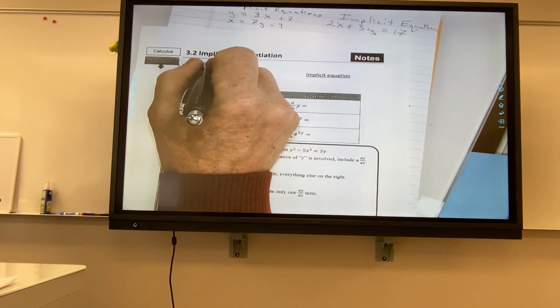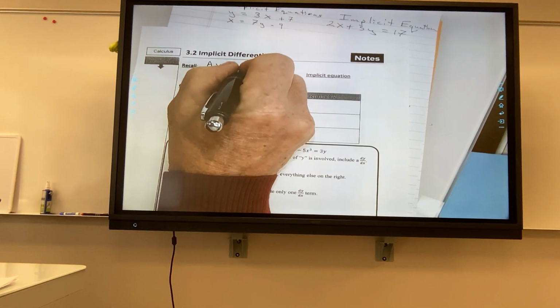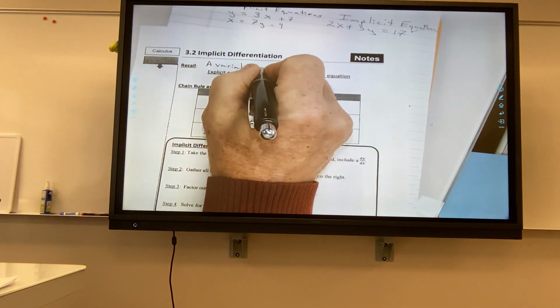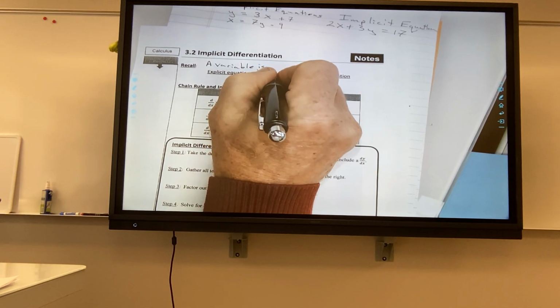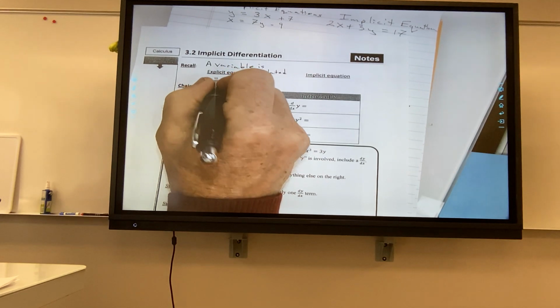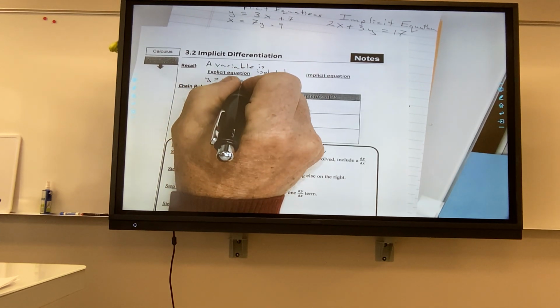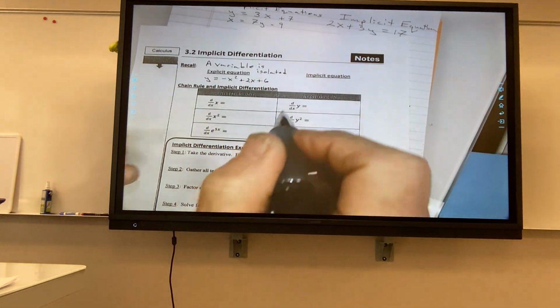In explicit differentiation, a variable is isolated, such as y equals negative x squared plus 2x plus 6. There's my example.